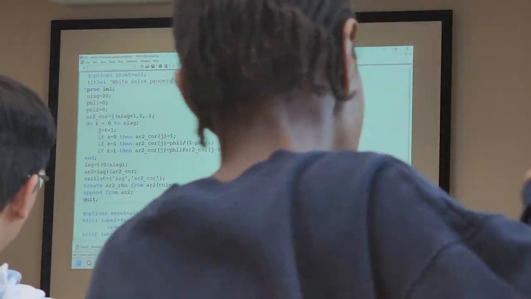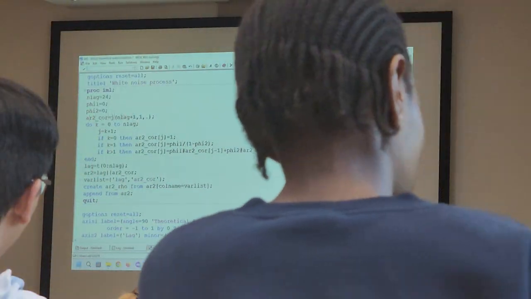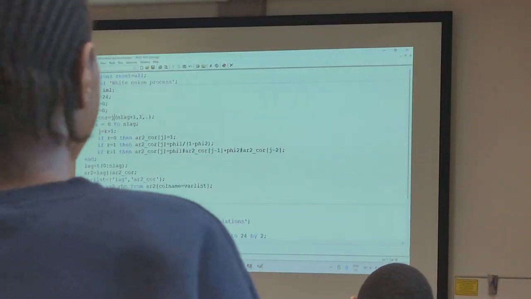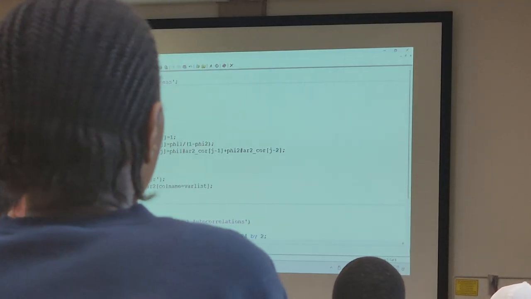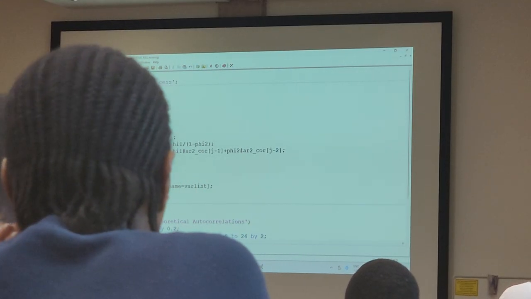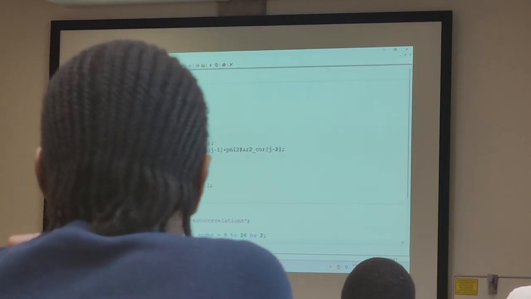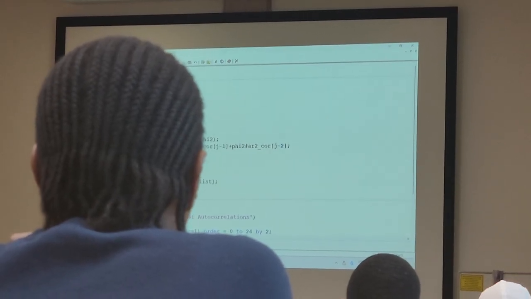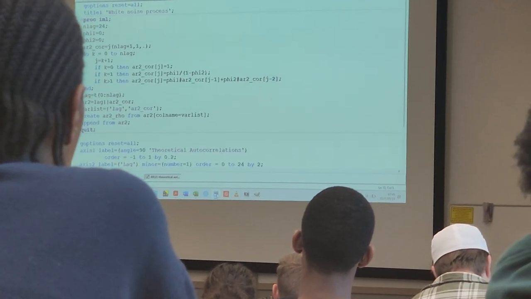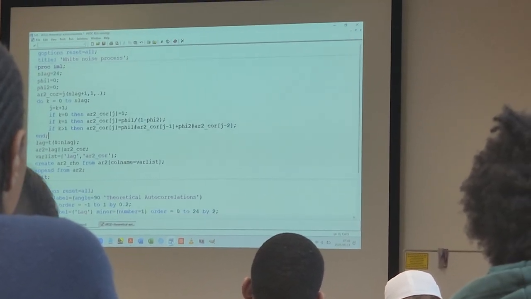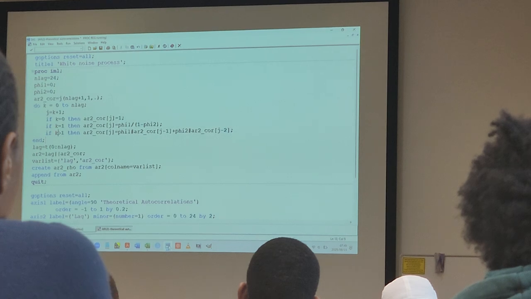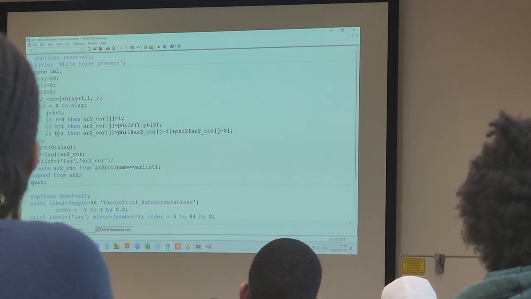And what I'm then doing here is creating a vector with missing values in which I want to store the theoretical autocorrelations. Then with a do loop, I'm going to calculate them using the formula for the AR2 autocorrelation function.